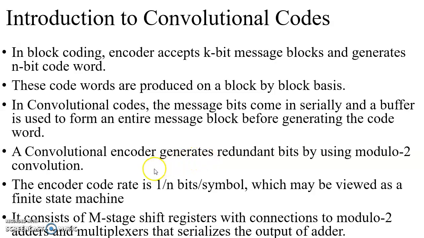The encoder code rate is 1 by n bits per symbol and it is viewed as a finite state machine. The convolutional encoder consists of shift registers having mod 2 adders and multiplexers that form the output.